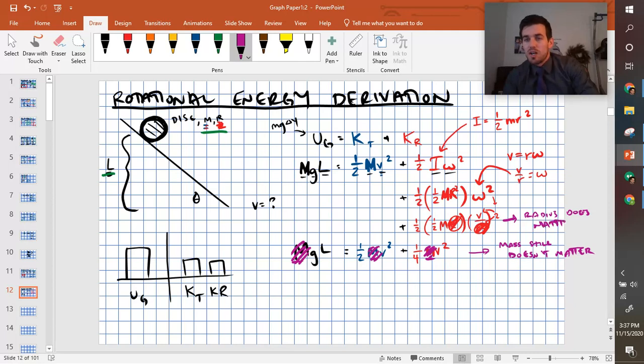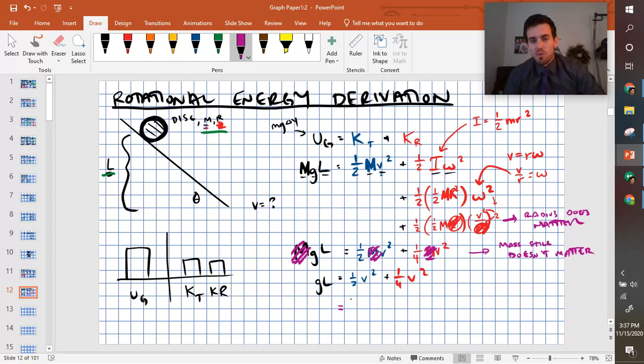All right, so now that we've got those in there, let's keep doing our simplifying work. GL equals 1/2 v squared plus 1/4 v squared. At this point, I have to combine them. So we'll just go with purple because, red plus blue.